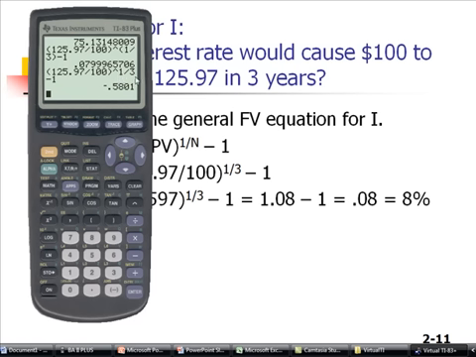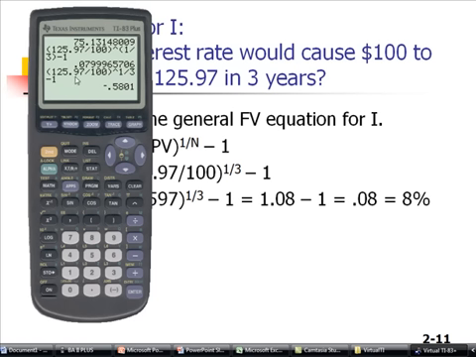Why does that create a problem? Well, if you think about it, graphing calculators know the order of operations. They take care of anything in parentheses first, of course, but then after that they do exponentiation first, then they do multiplication and division.